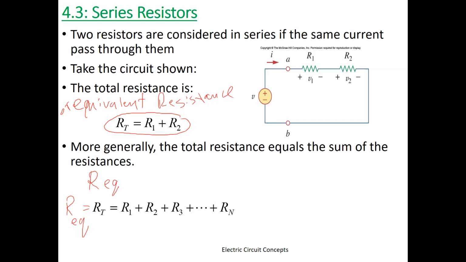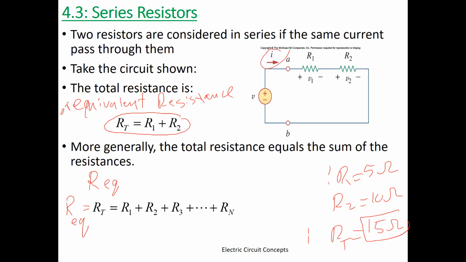It's very easy to determine the total resistance that opposes the current I. It will be R1 plus R2. For example, if R1 equals 5 ohms and R2 equals 10 ohms, RT will equal R1 plus R2, which is 15 ohms. Then I can apply Ohm's law to find the total I that goes through both of them.